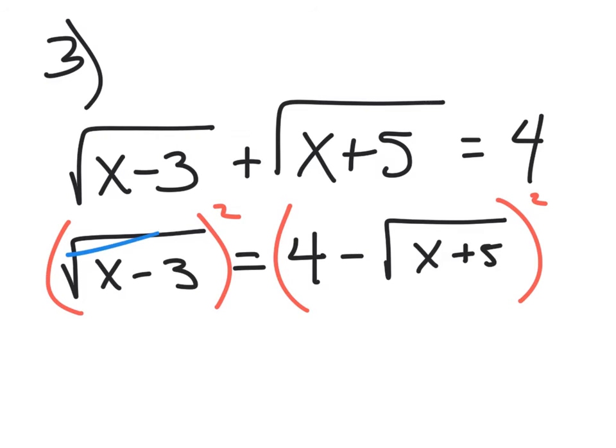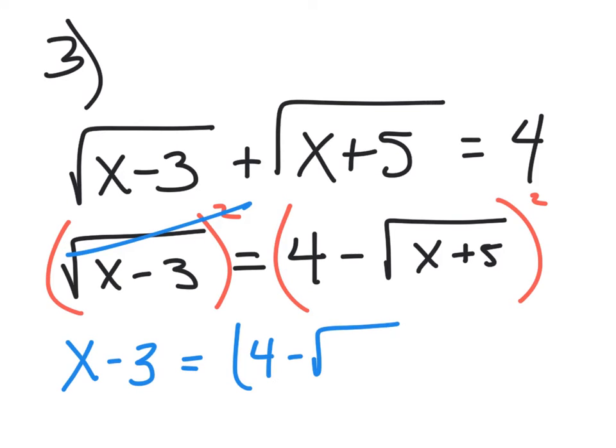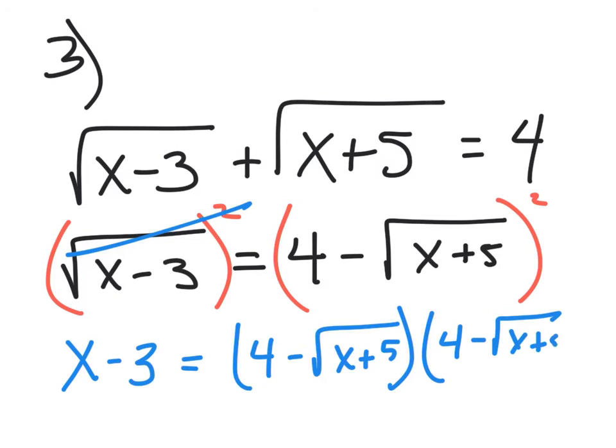Remember how nice that square and square root are, so here I just get x minus 3. And on this side, unfortunately, I just have to write twice and carefully FOIL. All right, now comes the fun part.